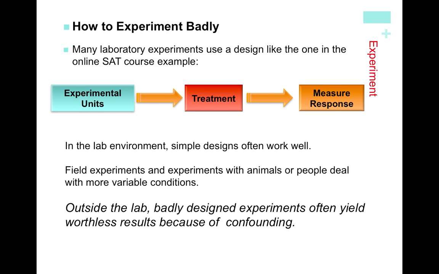Field experiments and experiments with animals or people deal with more varied conditions. So outside the lab, badly designed experiments often yield meaningless or worthless results because of confounding or other lurking variables that are involved. Like the SAT class, was it the online course or was it the actual math courses they were taking in school?